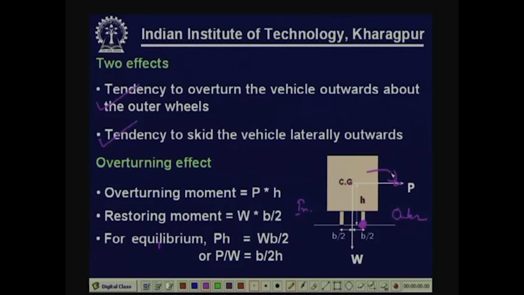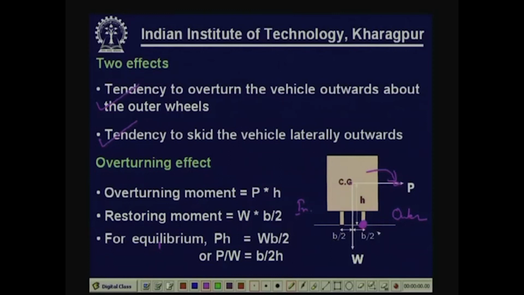This has the tendency to turn the vehicle about the outer wheel. This tendency is resisted by a restoring moment, which is the weight of the vehicle W into B by 2, where B is the distance between the two wheels, the width of the wheel base.